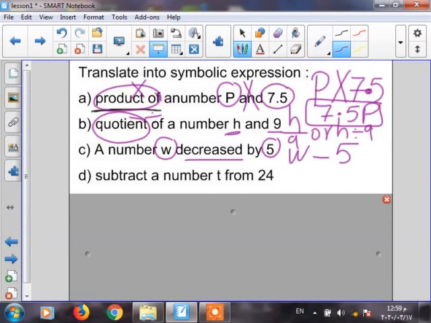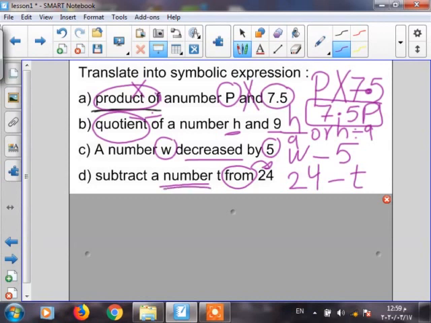Subtract the number T from 24. Take the number after from. So I want to subtract T from 24, so it will be 24 minus T.